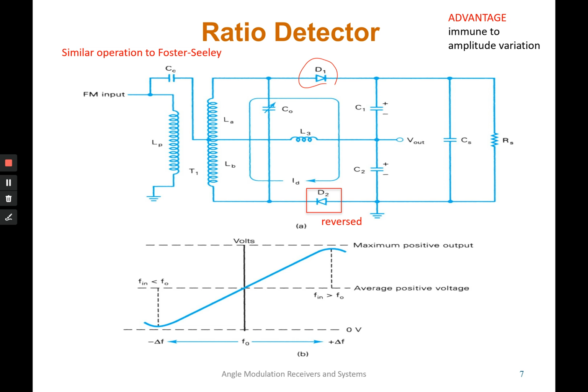The advantage of using the ratio detector is that this detector is immune to amplitude variation, all right, and it's very good to use when we want to make the frequency more than the output frequency, or oscillation frequency.